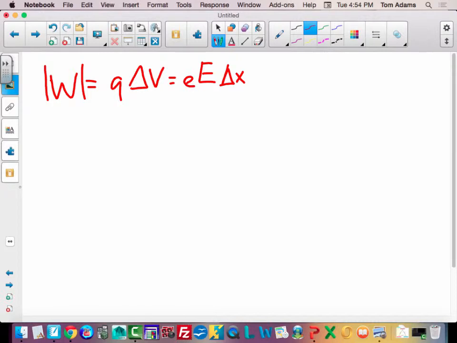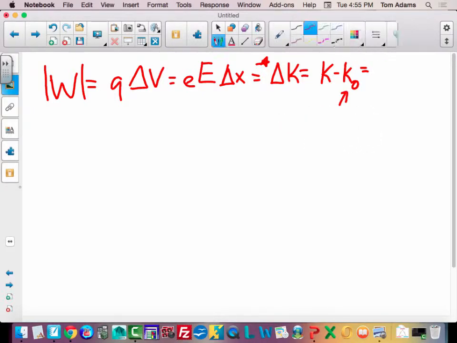And then remember the work is also equal to the change in kinetic energy. This is the part that we're interested in, which is the final kinetic energy minus the initial kinetic energy. We know that the initial kinetic energy is 0.